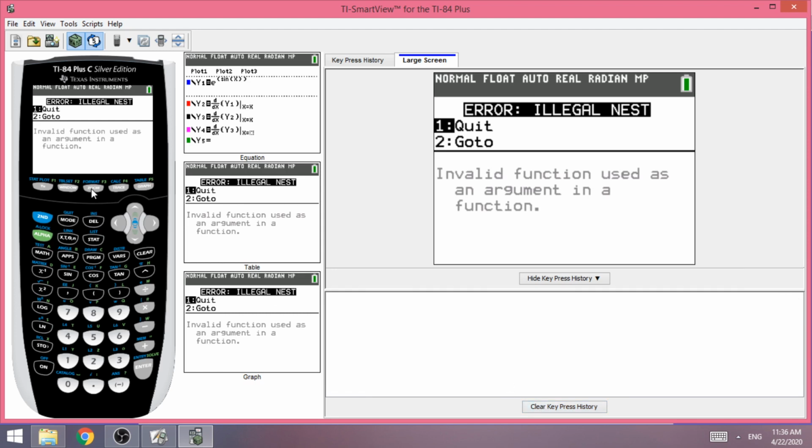Oh, you know what? I need to change the window. So it's getting stuck right here for the calculator. Okay, let's go to zoom and change the window. Or just go to window.